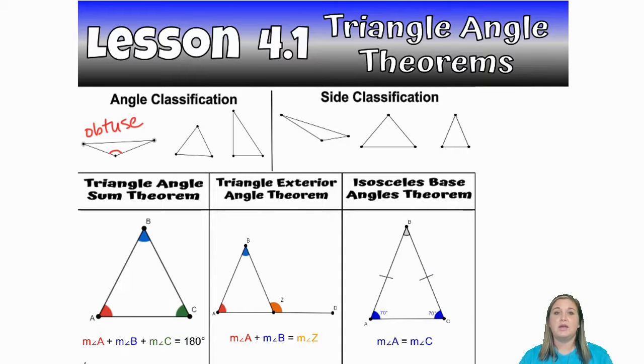Remember, an obtuse angle is one that is greater than 90 degrees. If you have an equilateral triangle, all the angles and all the sides are the same. And then the last angle classification is a right triangle.